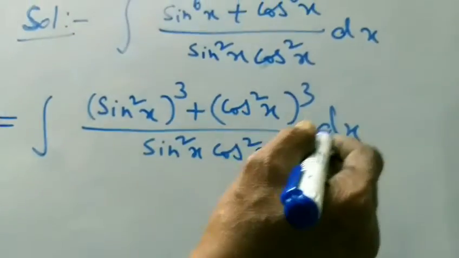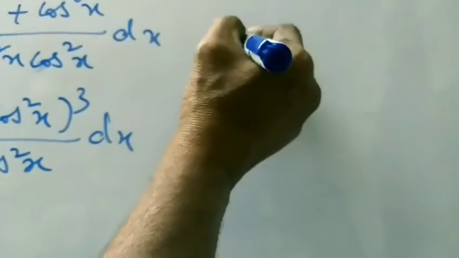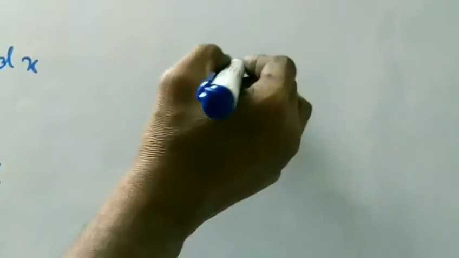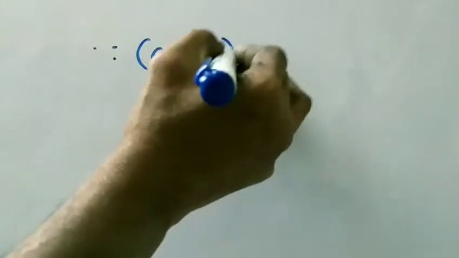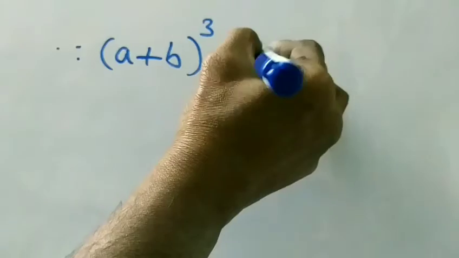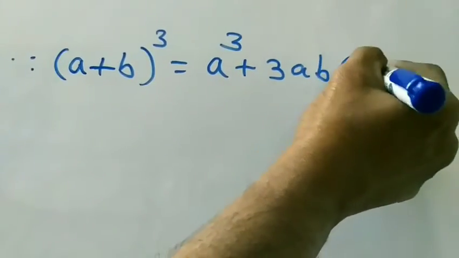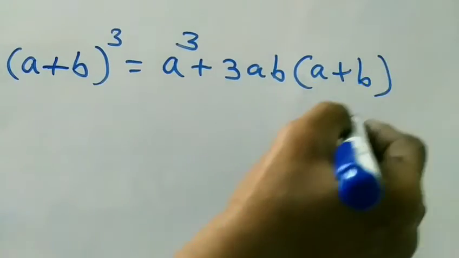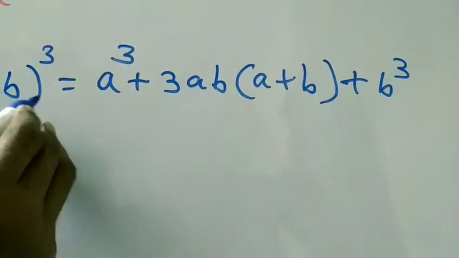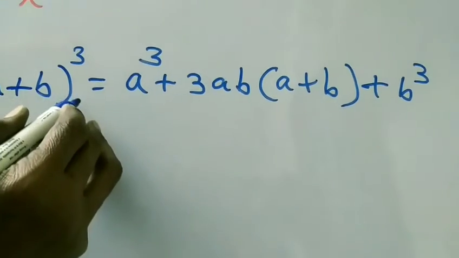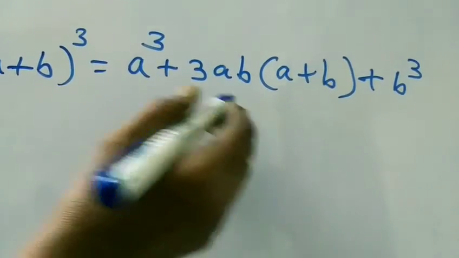Already we know the a plus b whole cube formula: a plus b whole cube is equal to a cube plus 3ab into a plus b plus b cube.